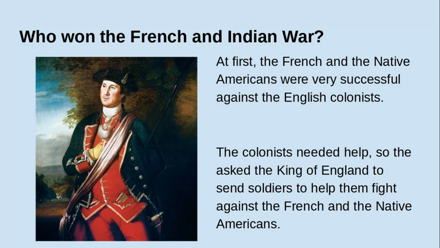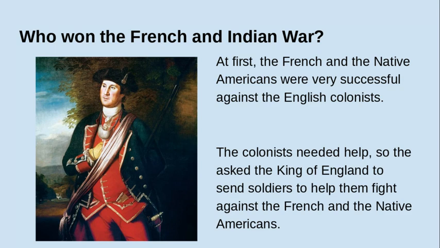But then the colonists needed help, and they weren't doing so well. So they called on their king, because remember, they think of themselves as English people. So they basically said, King, we need some help. And King George, who was their king at the time, sent his soldiers all the way over from England. He sent them to the colonies, and he told his soldiers, you're going to join up with my colonists.